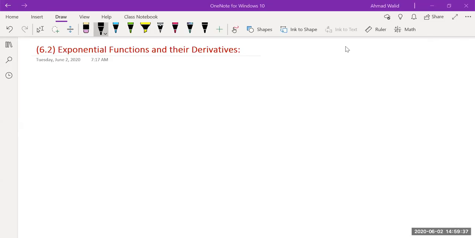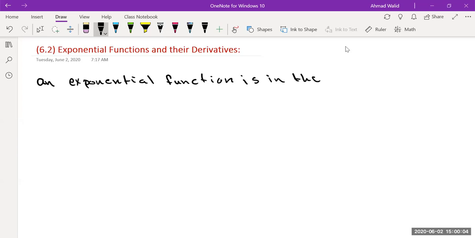Which kind of functions do we call exponential functions? An exponential function is in the form of f of x equals b to the power of x.